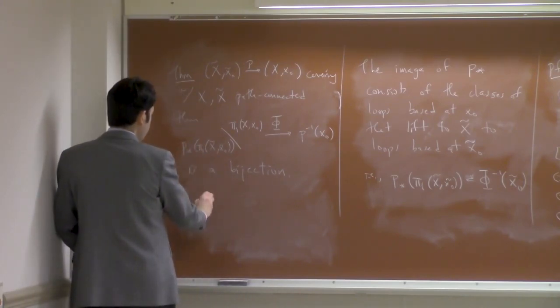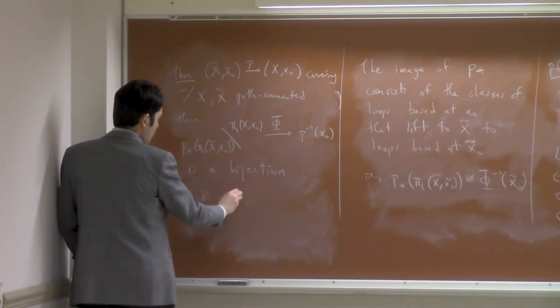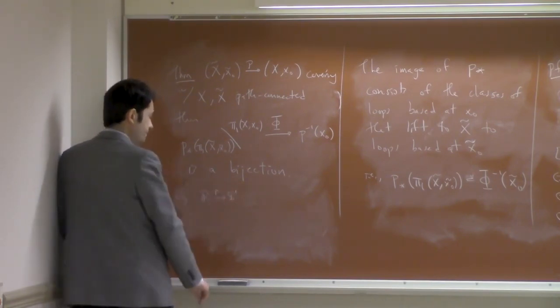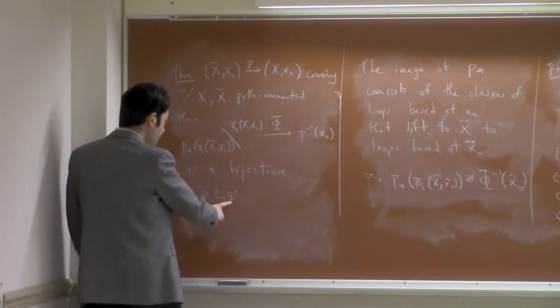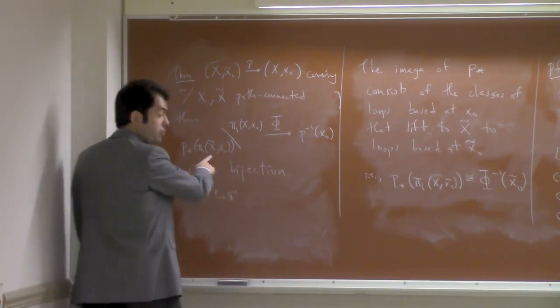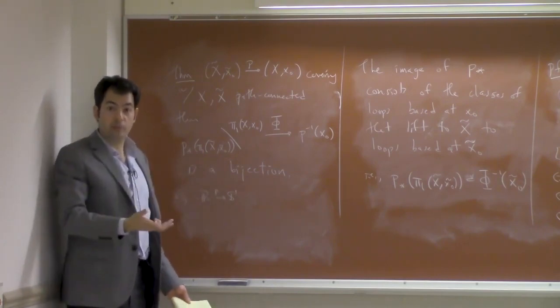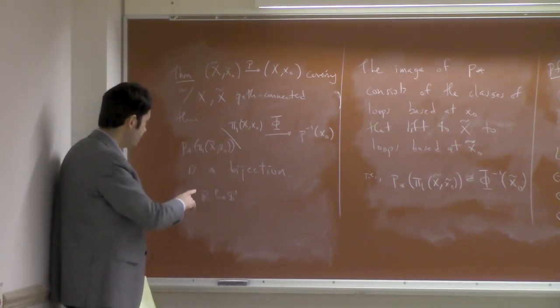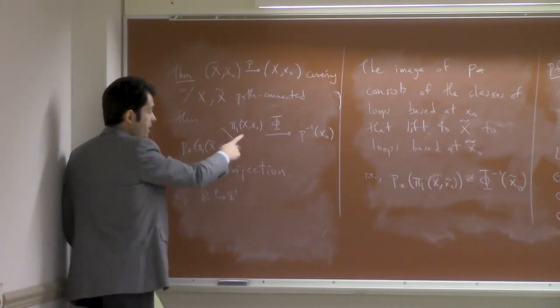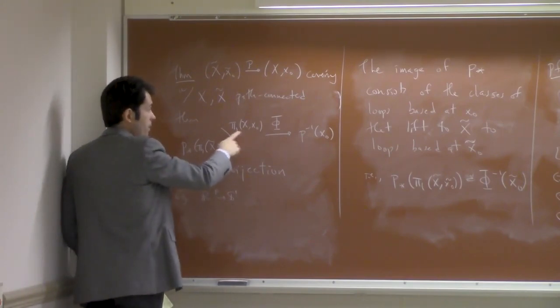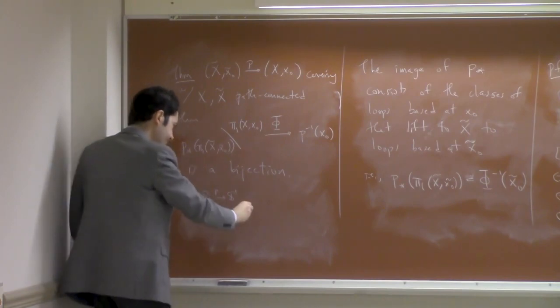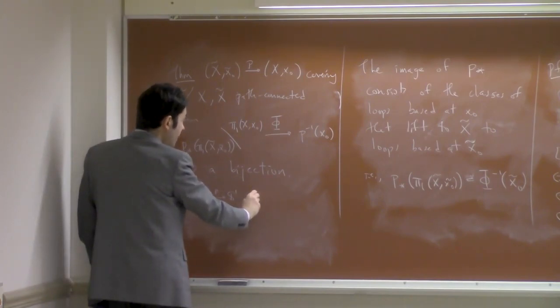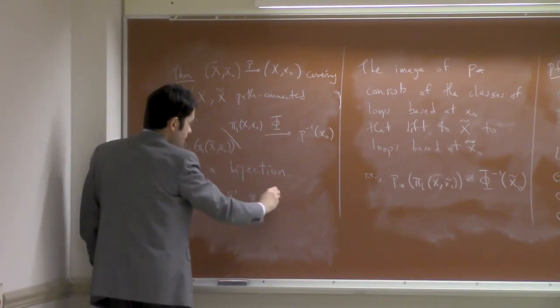So, for example, if you're looking at the real line mapping down to the circle, then the fundamental group upstairs is trivial because it's simply connected, because it's contractible. So this is just the identity. The cosets are just the fundamental group of S1.